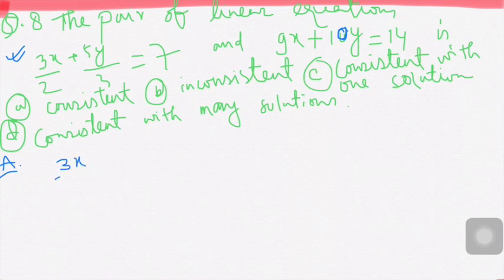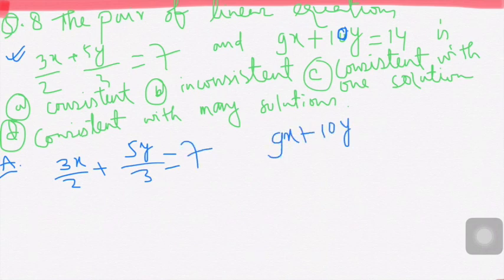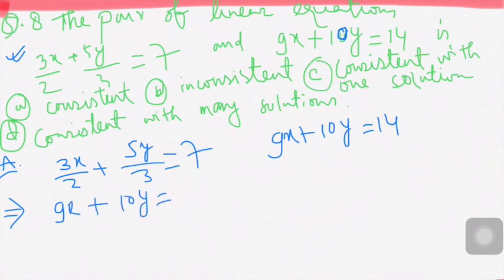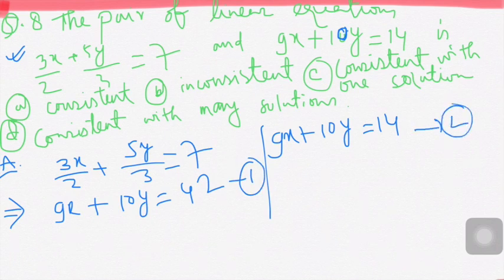This is given plus 5y by 3 and 7, and here it is given 9x plus 10y equals 14. How can we get 9x over here? We will just multiply with 6, 2 into 3. If we multiply, we will get 9x plus 10y equals 6 into 7 equals 42. So this is our first equation and this is our second equation.